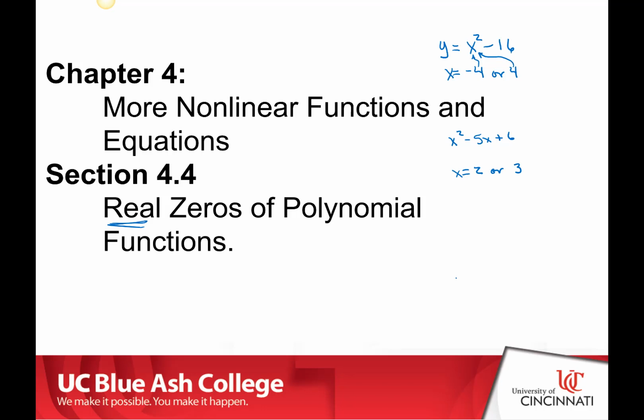Throw 3 in there. 3 squared is 9. Minus, so we have 9 minus 5 times 3. That's 9 minus 15 is -6. Then -6 plus 6 is 0. Okay? So anytime you have a 0, it's going to be a value that causes this to return a value of 0. That's what it means by a 0.